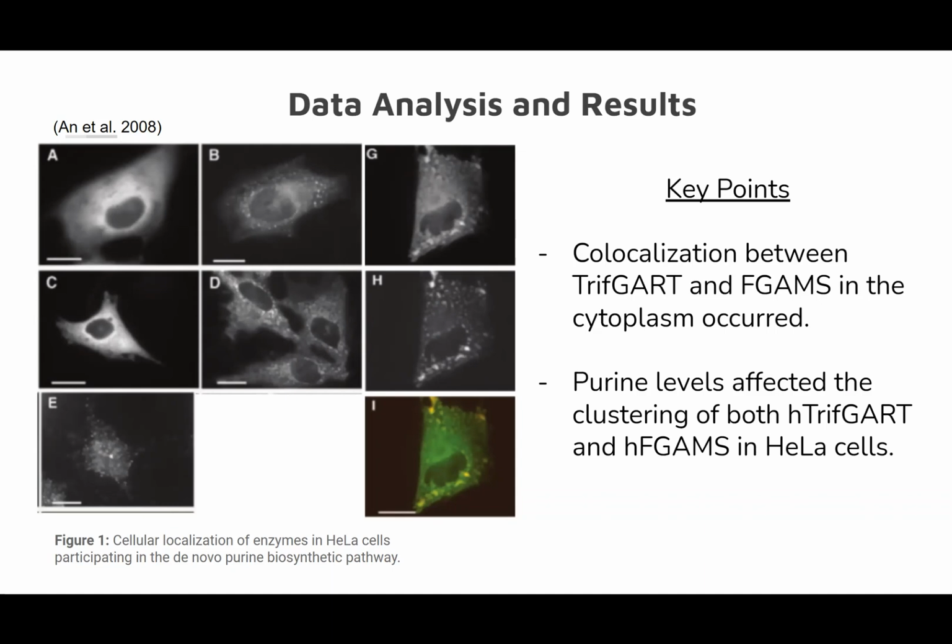And G shows H-Driftguard, and H shows HFGAMs, and I shows the merge image of both, and this confirms the clustering, and also shows that there's an association of the enzymes within the same area, which is, in other words, colocalization.